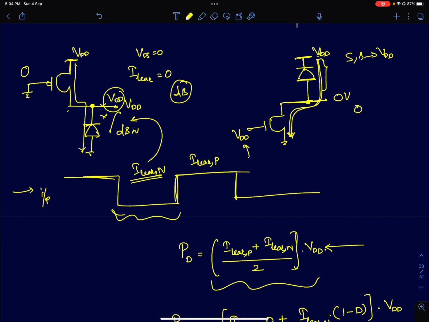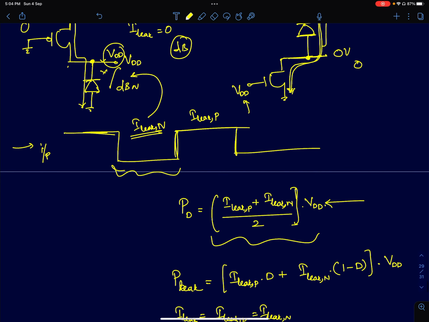Okay, so if you have a finite duty cycle, then you can write I leak N into the off time. Whenever your clock signal is high, it's I leak P. So I leak P times D plus I leak N times 1 minus D will be the average current that you're going to draw from the supply.